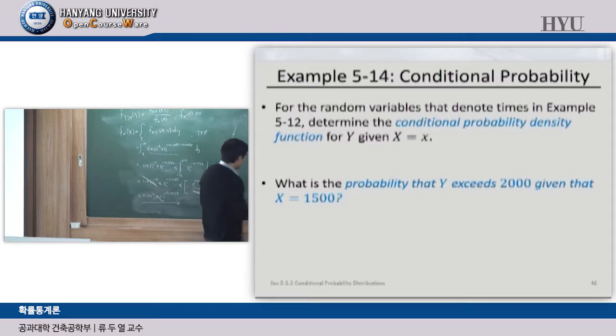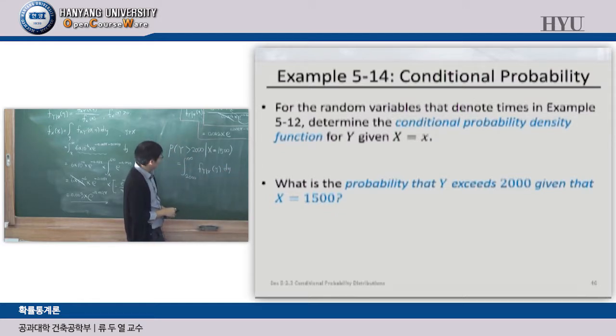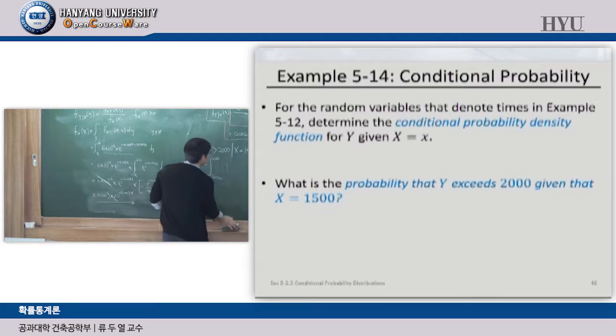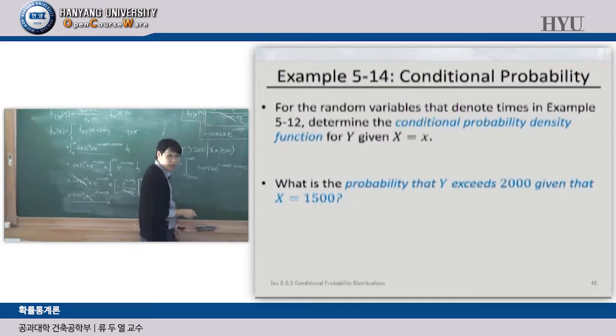And also, this part should be the conditional probability of y given x, dy. And what is this? We already calculated here. This is the conditional probability density function. So, this can be rewritten as 0.002 times exponential 0.002x minus 0.002y dy.